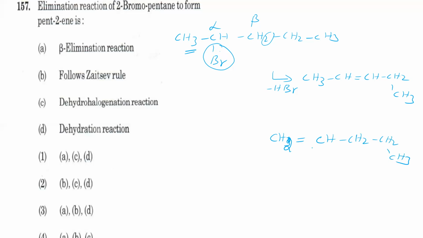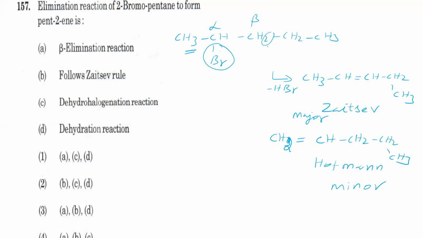This is called Zaitsev product, and this is called Hofmann's product. The Hofmann product is the minor product because its double bond has less hyperconjugation. In the Zaitsev product, the double bond has more hyperconjugation, because 3 hydrogens plus 2 hydrogens, totally 5 hydrogens, go for hyperconjugation. Here only 2 hydrogens do. So it has higher stability, and the other has lesser stability. So the Zaitsev product is the major product.